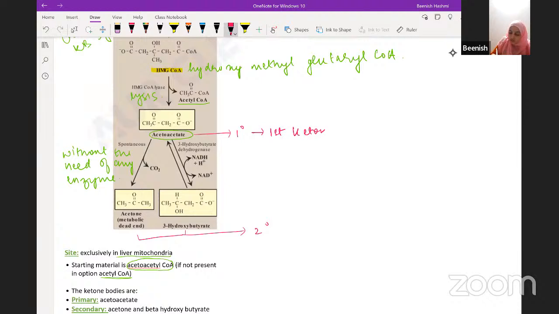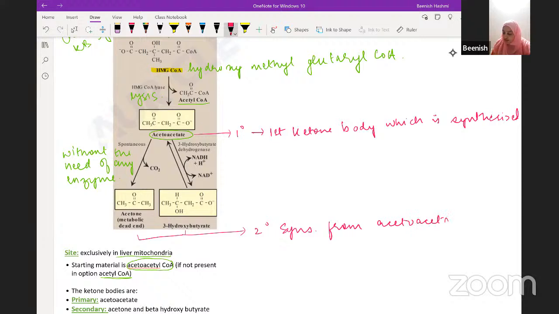And your acetone and your 3-hydroxybutyrate are the secondary ketone bodies because they are synthesized from acetoacetate. Okay.